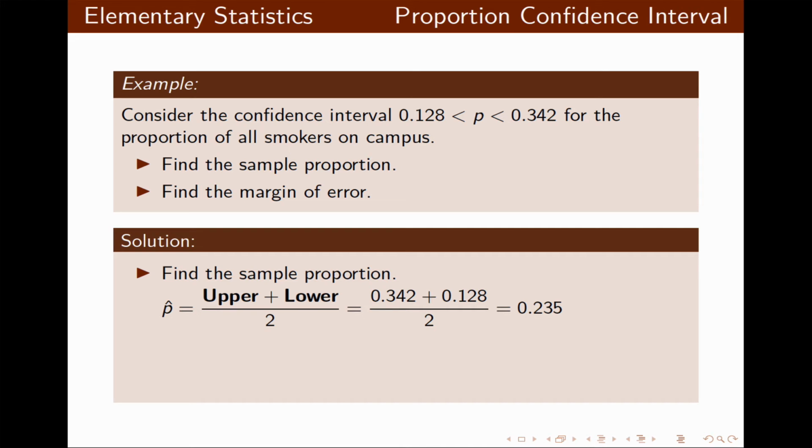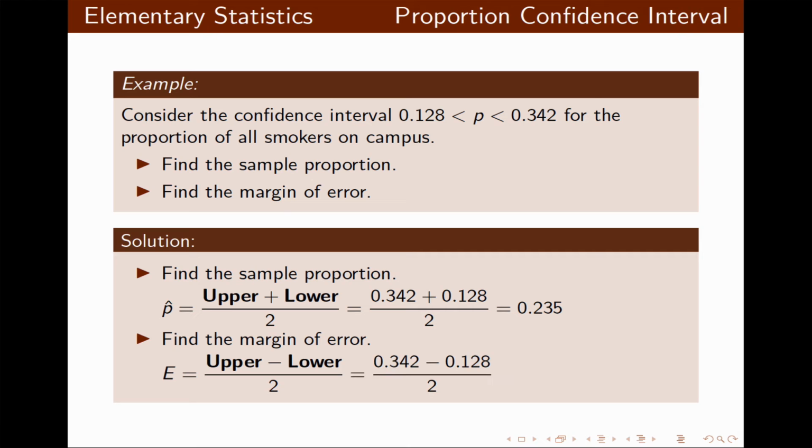So the sample proportion in this example is 0.235. For the margin of error, we go upper minus lower divided by 2. And the margin of error in this example will be 0.107.